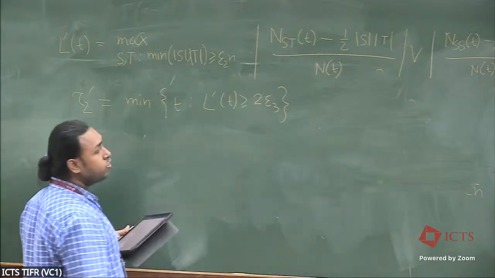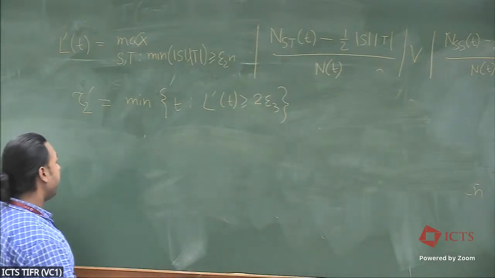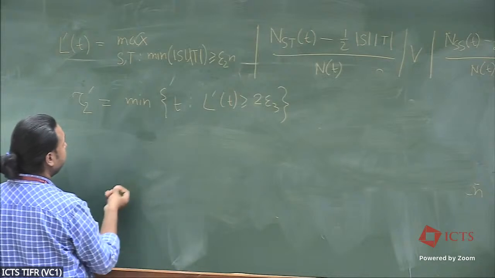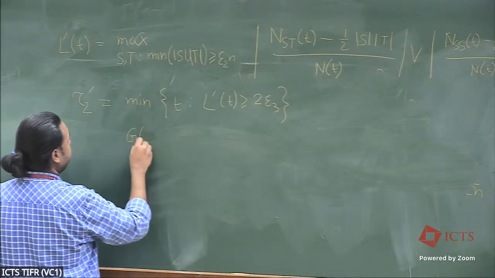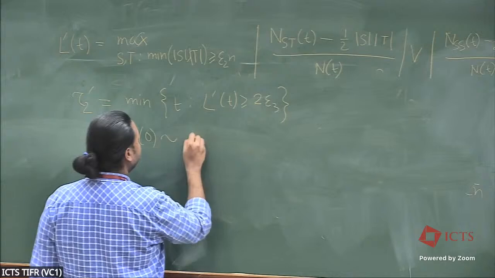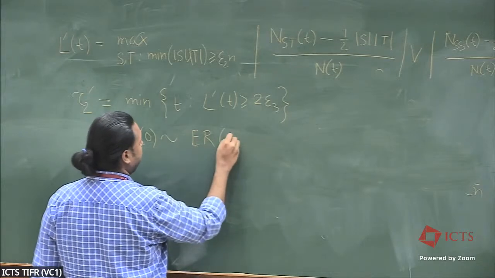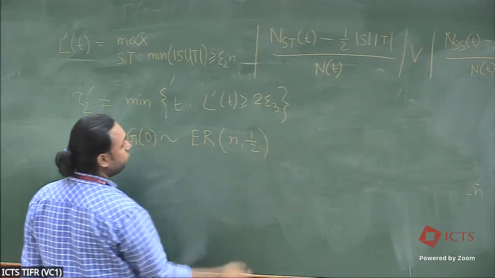Okay, if t equals 0, that means G0 is just the Erdos-Renyi graph with parameters n comma half.